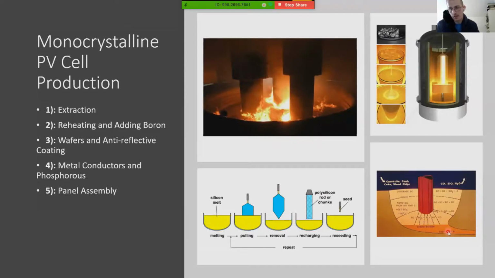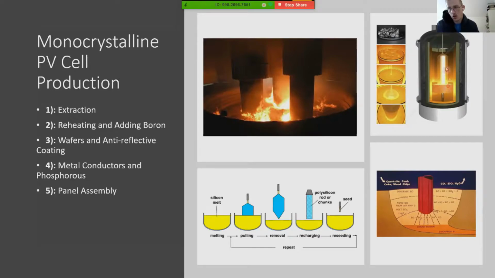After you have that discharge, after you've purified that silicon, that goes into this furnace here. Basically, this is showing you the process here. You basically have a seed crystal and then your molten silicon. That seed crystal gets lowered into the molten silicon, and then this whole platform is lowered.